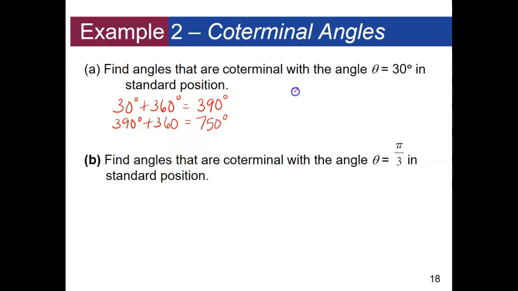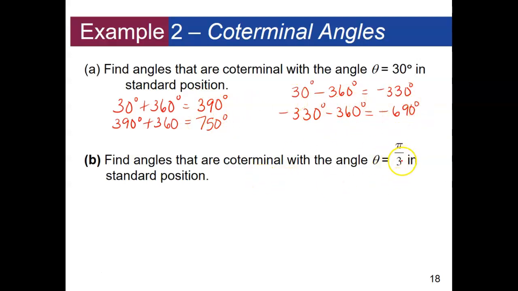If I wanted negative coterminal angles, then I could do 30 degrees minus 360, which would be negative 330. If I did negative 330 minus 360, I'm going to have negative 690. So it depends on if it's asking for positive coterminal angles or negative coterminal angles. And I could keep going. I could keep adding 360, I could keep subtracting 360, and all of these are going to be coterminal angles.